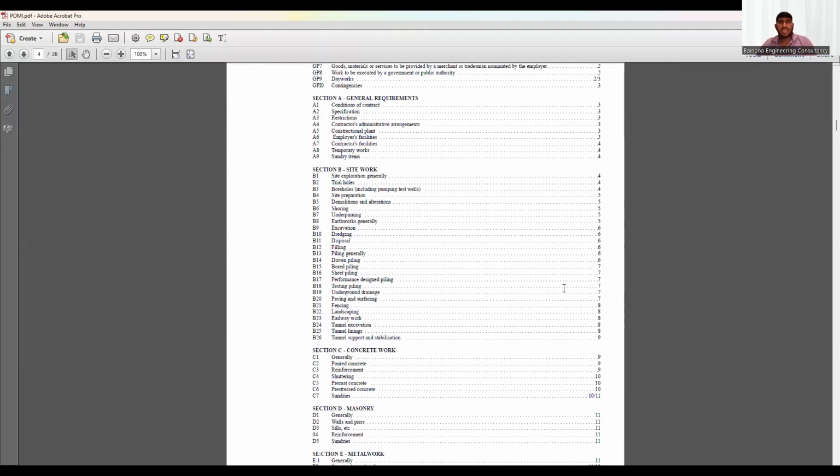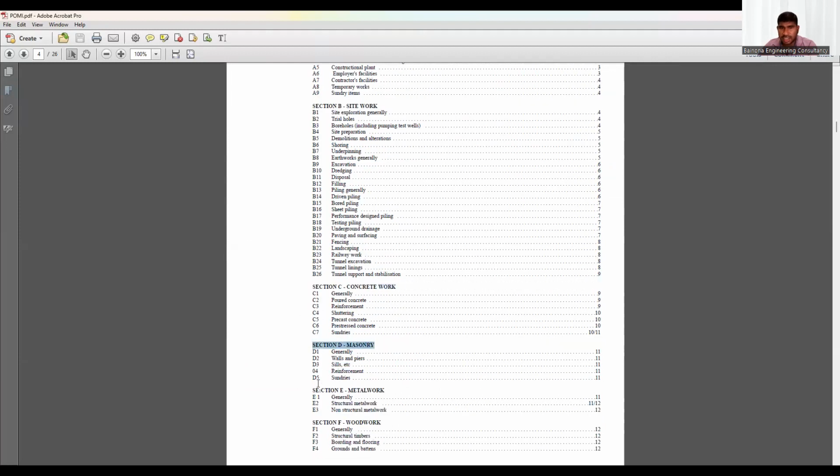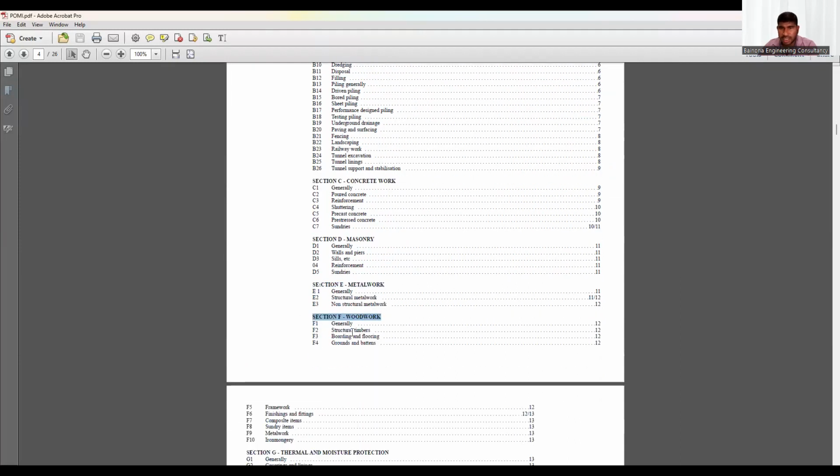So in the format, if the bill of quantities is prepared according to POMI, you will see the BOQ with this kind of section: Section B, Section C, Section D, Section E, Section F, something like that.